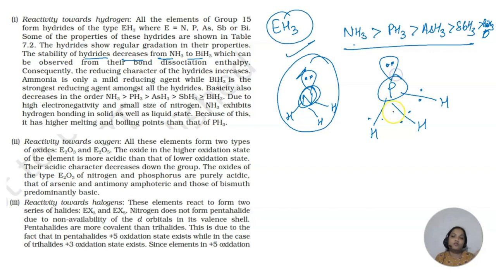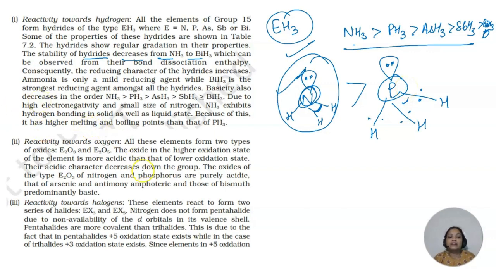In the case of phosphorus, the lone pair is available on a much bigger atom. So that is why when we are moving downwards, the basicity decreases. And the bond angle will be larger in ammonia, because in the case of phosphorus the bond pair goes away and there is less repulsion, so the bond angle decreases.